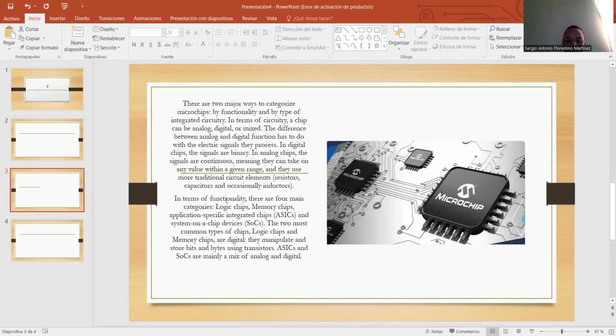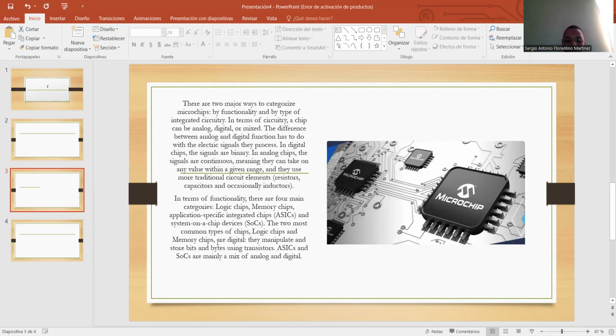In terms of functionality, there are four main categories: logic chip, memory chip, application-specific integrated chip, and system-on-a-chip device. The two most common types of chip, logic chip and memory chip, are digital.